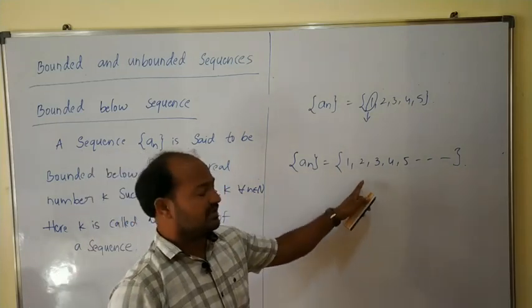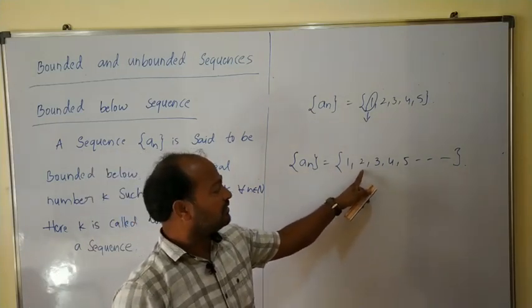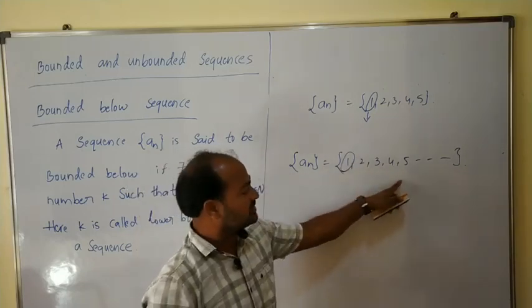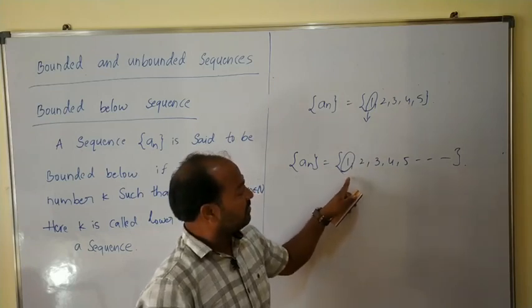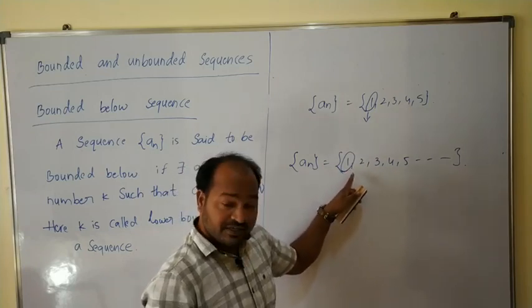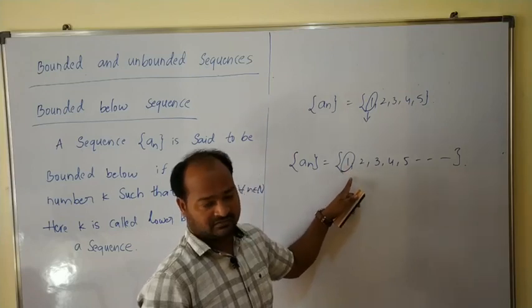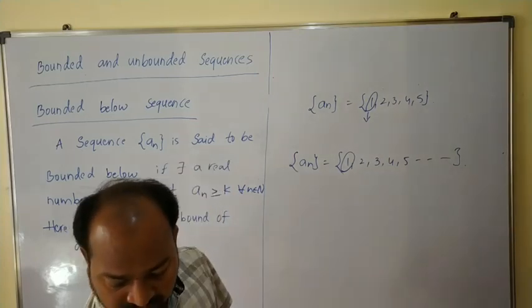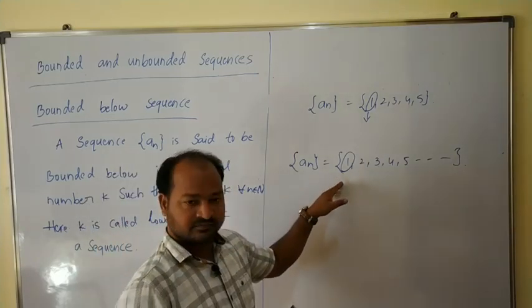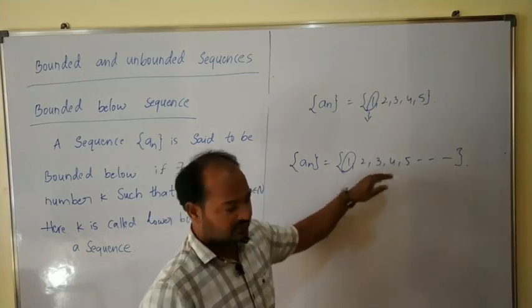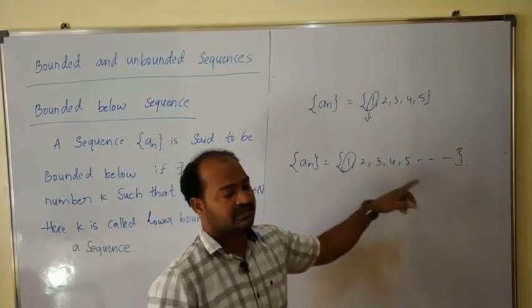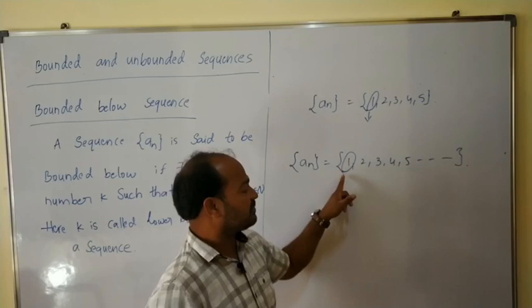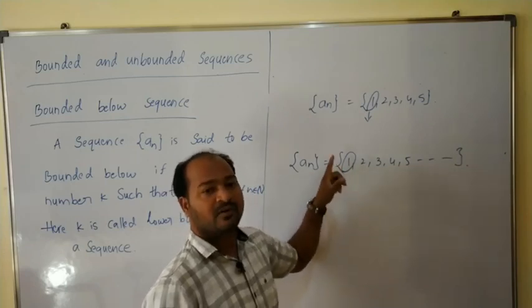In this example, all the terms, that means 2, 3, 4, 5, 6 and so on, all the terms except one must be greater than or equal to 1.